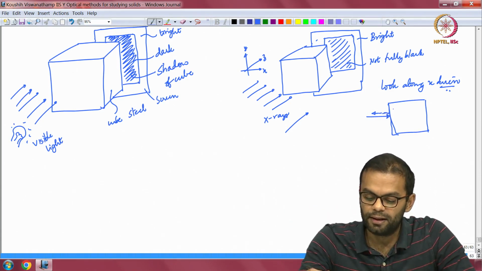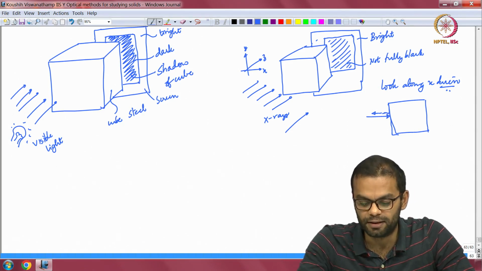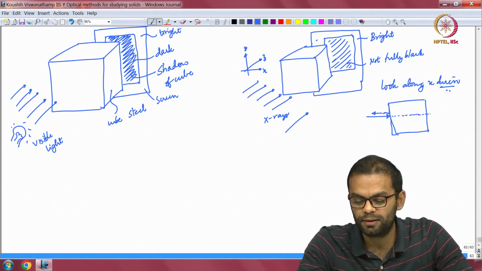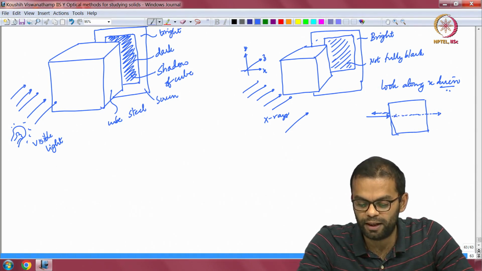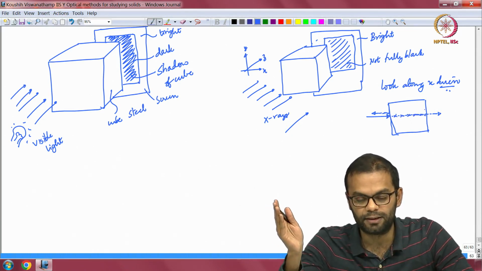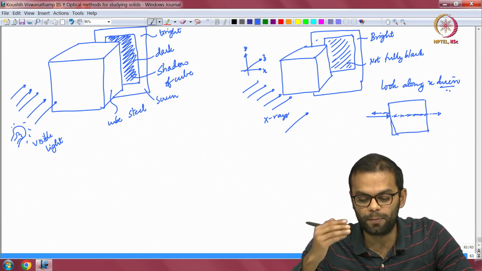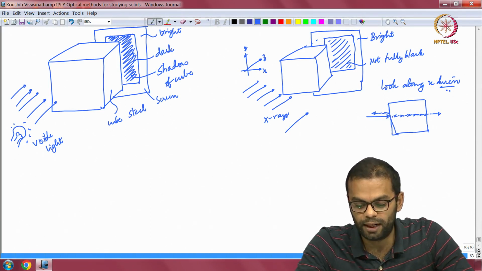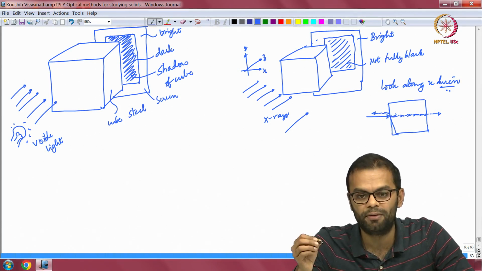So, some part of it is reflected from the surface, and the remaining is going through. Now, as this goes through, some part of it is constantly being absorbed by the metal as the light ray is passing through. In the case of optical light, most of it is reflected, some of it goes through, and whatever goes through is very quickly absorbed.